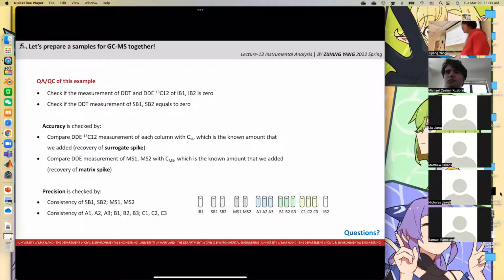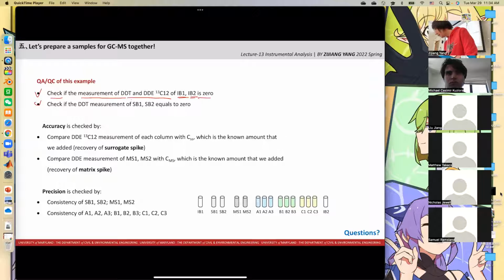And then for the QA and QC check, we can do the following steps. First, we want to check if the measurements of DDT and DDE C13, or the surrogate, of the instrumental blanks are 0. If the instrumental blank is not 0, we can say that there are some problems with the GCMS, with the instrument.